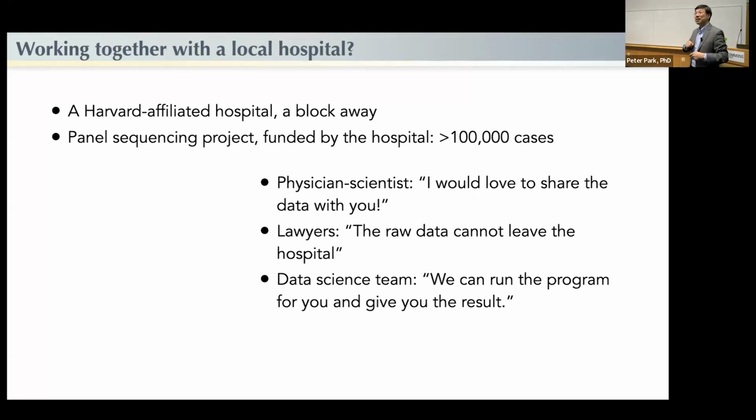You tell me how to modify it, I will modify it, run it, and give you back the result. Most computational students know that this is not a way to do things, right? And in fact, later on, they said, we're too busy, can't help you, okay? The extent to which I went up the hospital's administrative chain to resolve this problem was more than anybody should have to do.